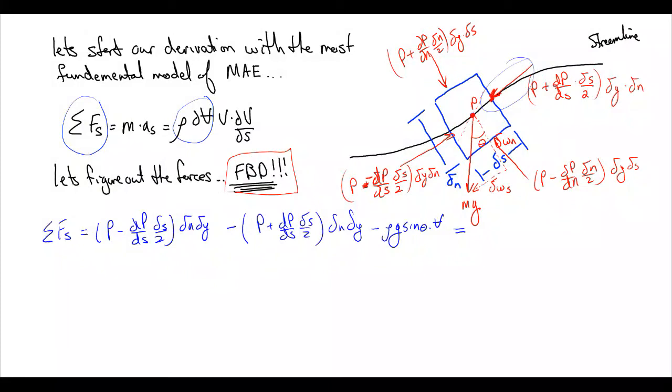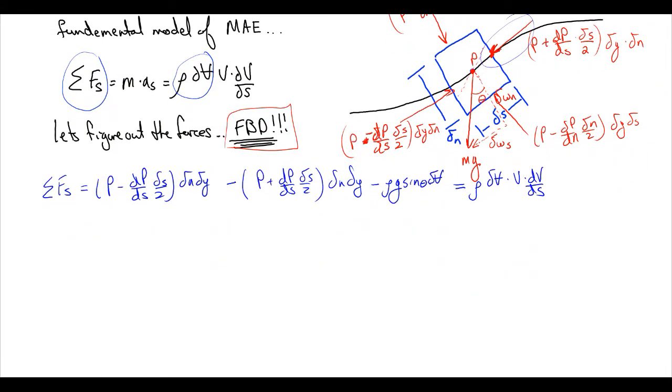So differential volume times our velocity times dv ds. Good. This is the beautiful part about using the differential volume: some wonderful things cancel out. It doesn't matter what our base pressure is. It cancels out, but these two pressures end up adding to each other.